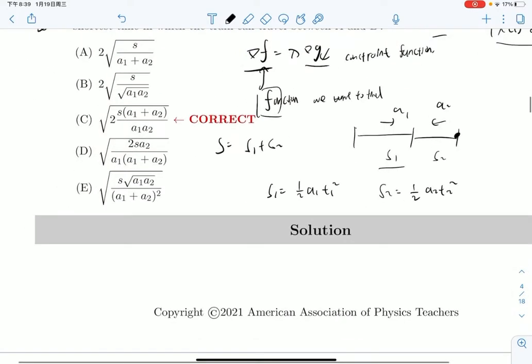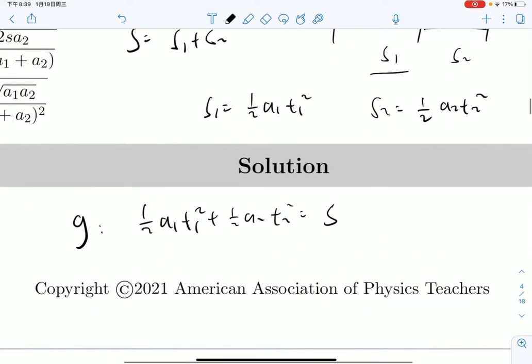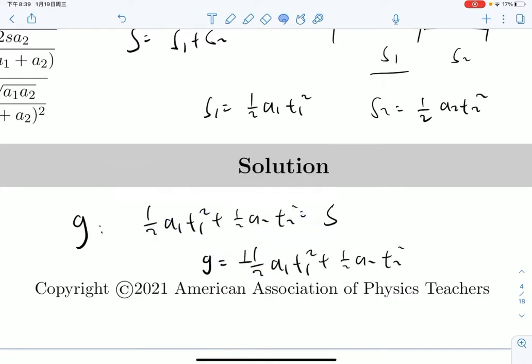And the constraint for this case is basically 1/2 a1 t1 squared plus 1/2 a2 t2 squared is equal to s. And g is basically equal to this term minus s.